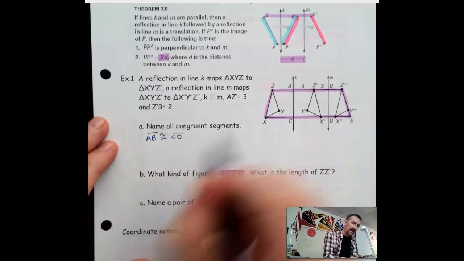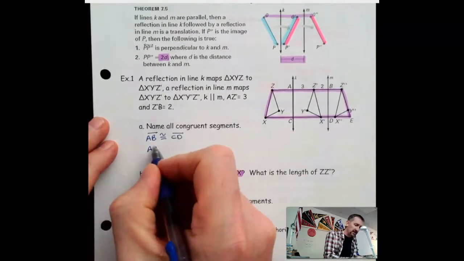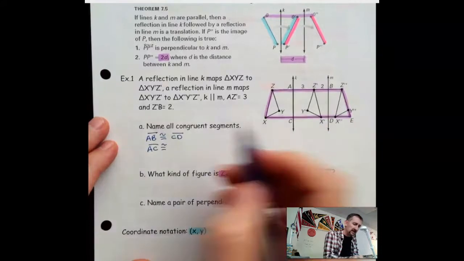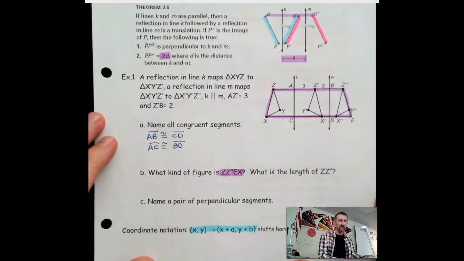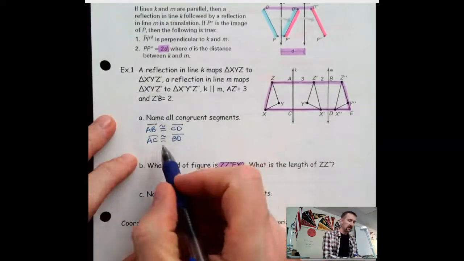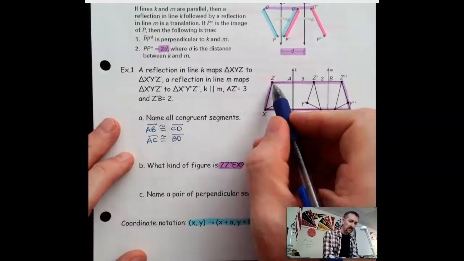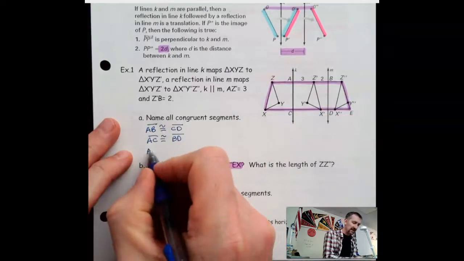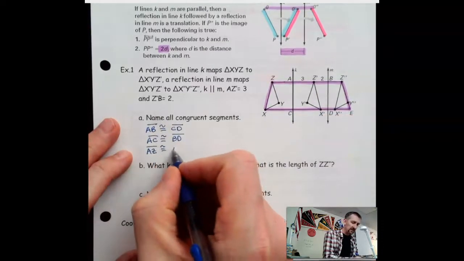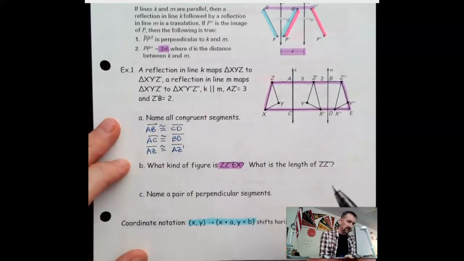Opposite sides of a parallelogram are congruent, opposite sides of a rectangle are congruent. So segment AC is going to be congruent to segment BD. And then here, because when we reflect over, that's going to be congruent on both sides, so AZ is going to be congruent to AZ prime. All right? So I think we've covered all of the A's.